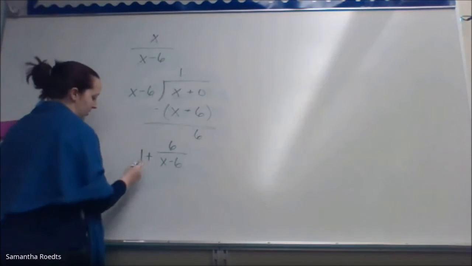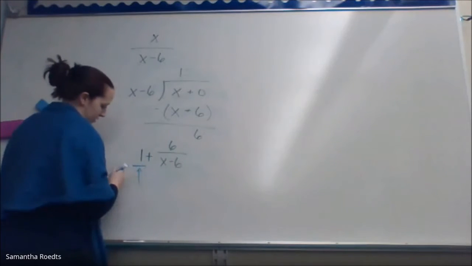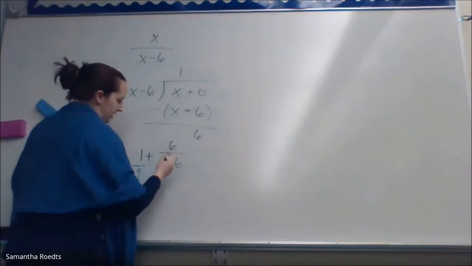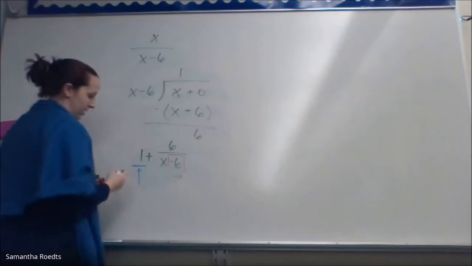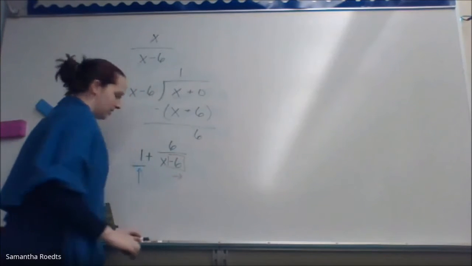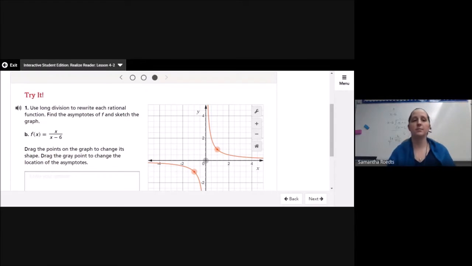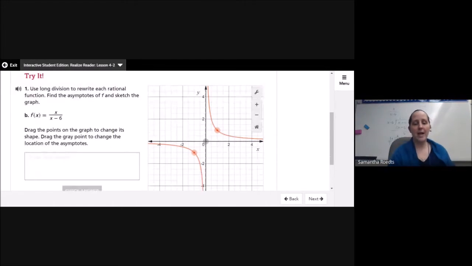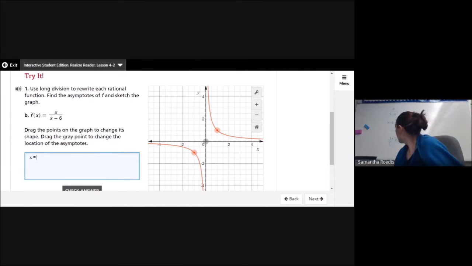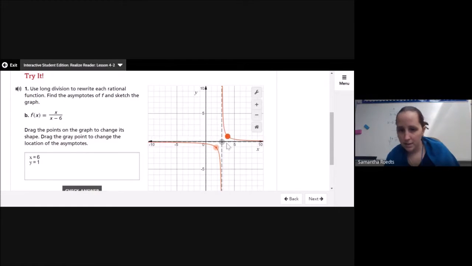Again, this 1 tells me that I'm moving up, and this minus 6 tells me that I'm moving to the right. So my asymptotes then are x equals 6 and y equals 1. There's my asymptotes.